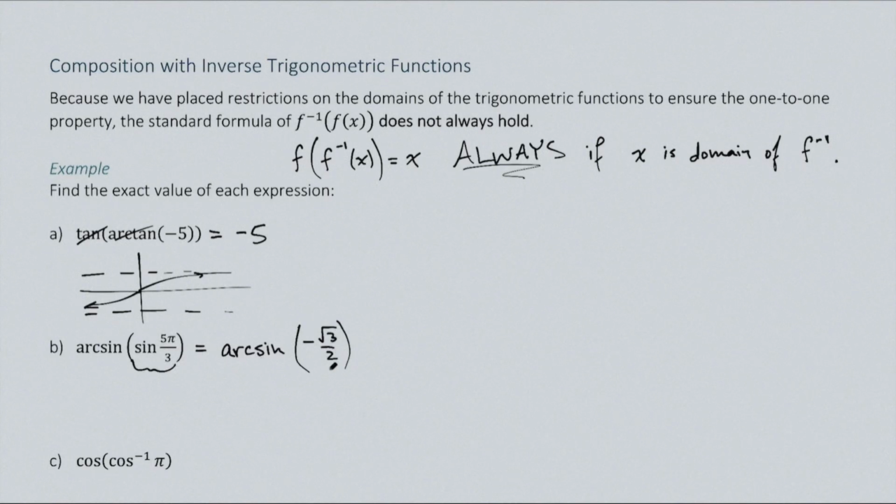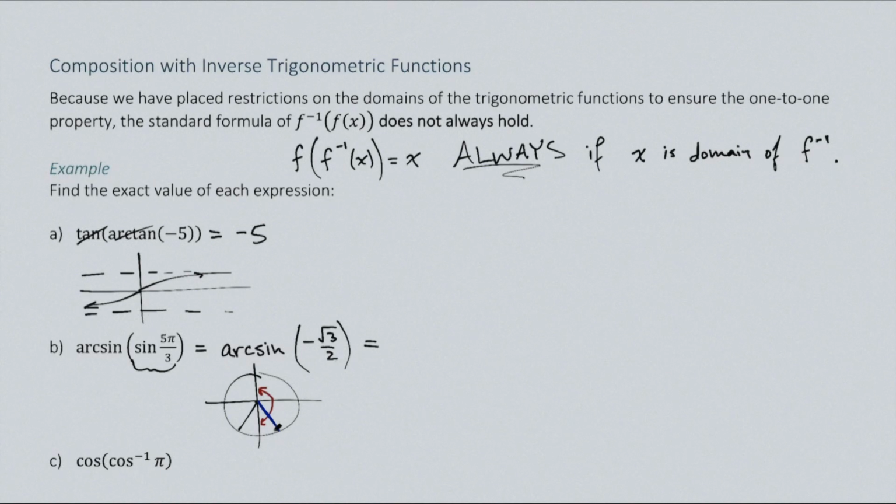Now we're doing the arc sine of -√3 over 2. So we look at where I have an angle where the sine is -√3 over 2. There are two places that happens, down here and down here. But the arc sine only gives us a number between -pi over 2 and +pi over 2, so it has to be this angle right here. You'll notice that this angle is in the same location as 5 pi over 3, and that's no accident.